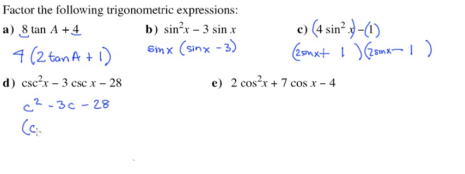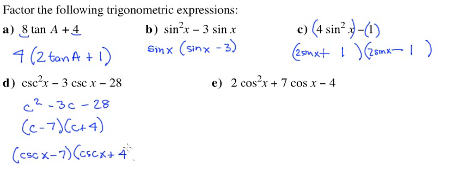If we use c minus 7, c plus 4, or perhaps the other order, it doesn't matter all that much, that would be our factored form. And last thing I need to do to finish it up, remember that c is standing in for cosecant x, so you're not actually done until you change it back to cosecant x minus 7, cosecant x plus 4.